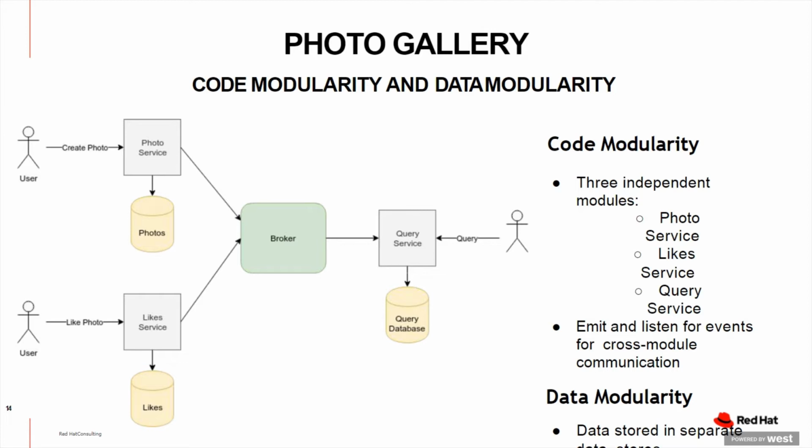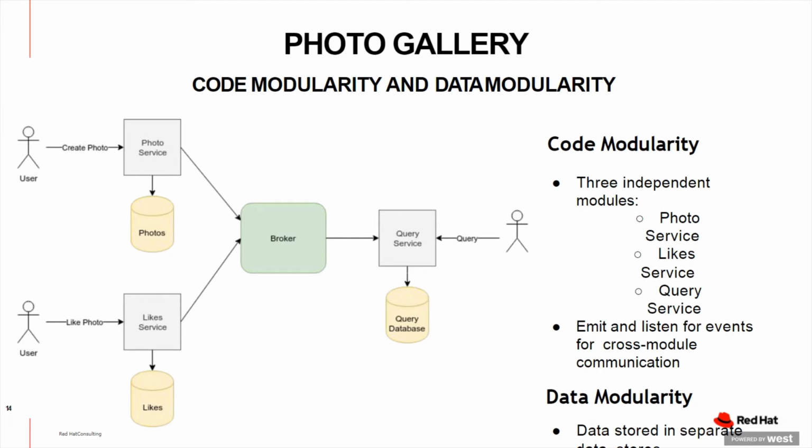For that, a user sends a POST request to the photo service, and the photo service will store the information about the new photo into its database, as well as publish a message, photo created, onto the message broker.